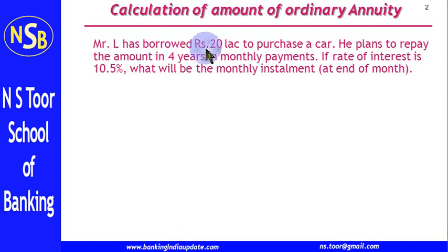Mr. L has borrowed rupees 20 lakh to purchase a car. He plans to repay the amount in 4 years in monthly payments. If the rate of interest is 10.5%, what will be the monthly installment? And this installment will be paid by him at the end of the month.